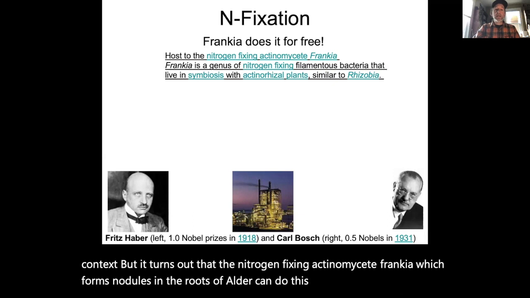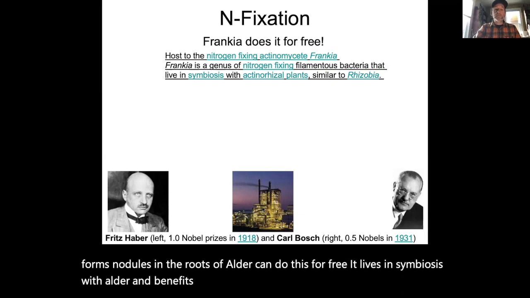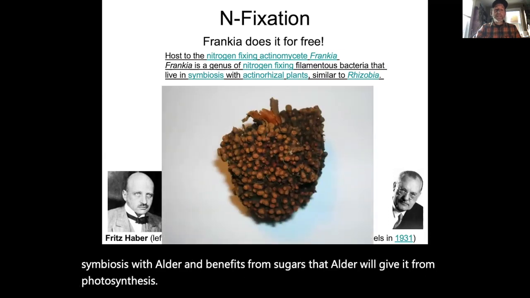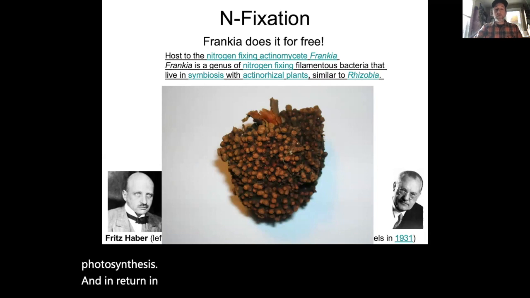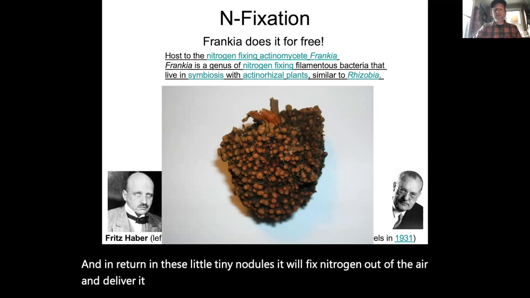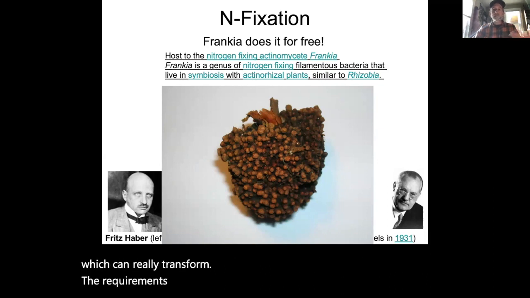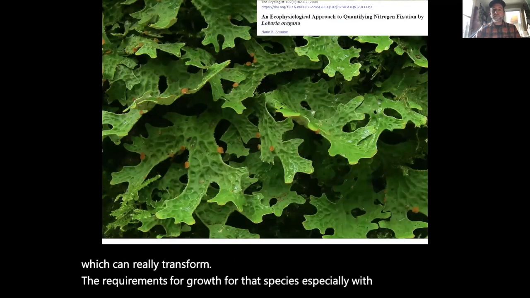It lives in symbiosis with alder and benefits from sugars that alder will give it from photosynthesis. And in return, in these little tiny nodules, it will fix nitrogen out of the air and deliver it to alder. And so then alder gets a free supply of nitrogen, which can really transform the requirements for growth for that species, especially when nitrogen's limiting.